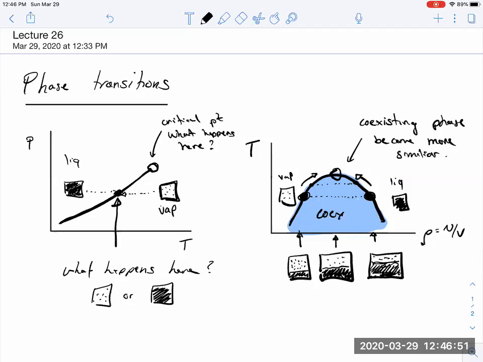In fact, it's not hard to imagine that exactly at that critical point, there is no meaningful way to distinguish the liquid from its vapor. Those two phases are, for all intents and purposes, identical.